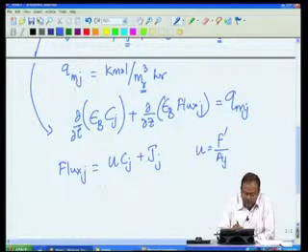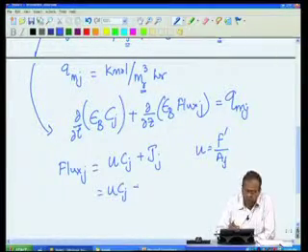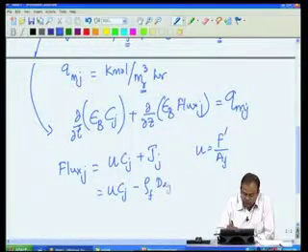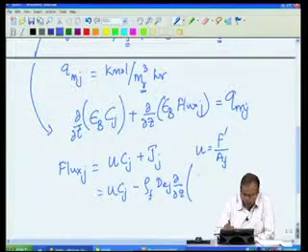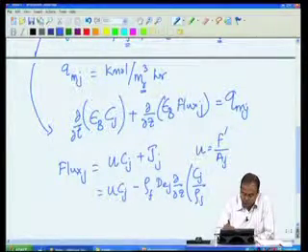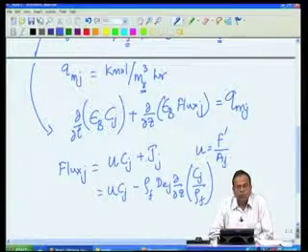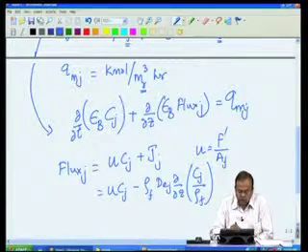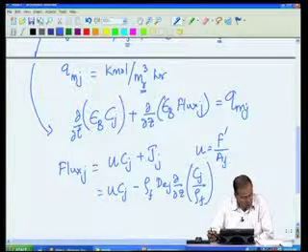So, I can write this as U into Cj minus, if I use my diffusive flux, that gives me my diffusive flux rather, and this is the convective flux. So, this together gives me my total flux.